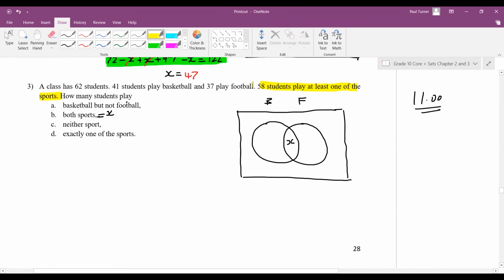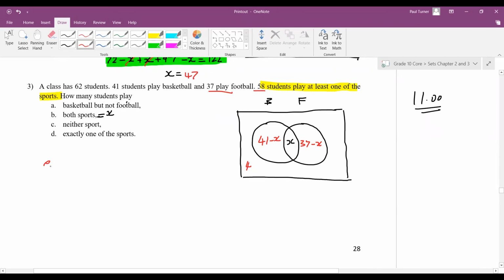So there's 4 that don't play any sports, so you could put 4 outside here. 41 play basketball, so this will be 41 minus X. 37 play football, so 37 minus X. And when you add those up, you should get 58.